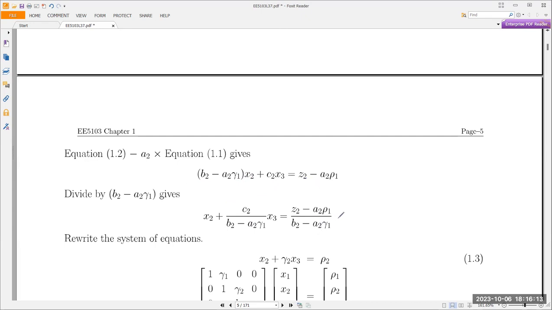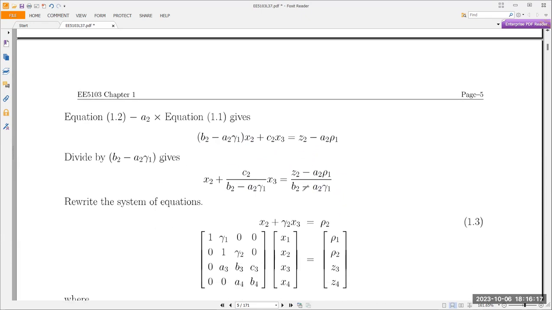Then, to help us write so that it doesn't look so complicated, you call this rho 2 and gamma 2. If that's the case, then equation 2 is x2 plus gamma 2 x3 equals rho 2. I write it here, so this one goes down to here.